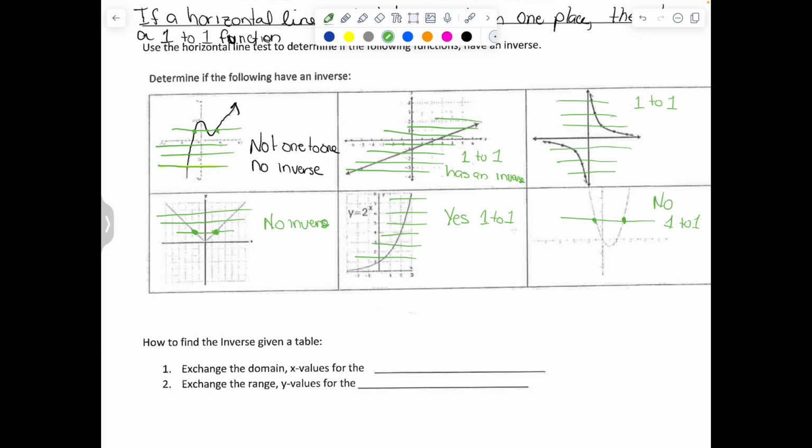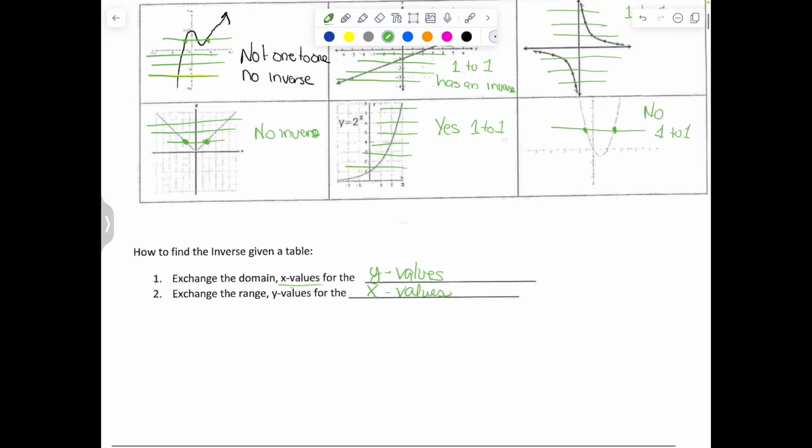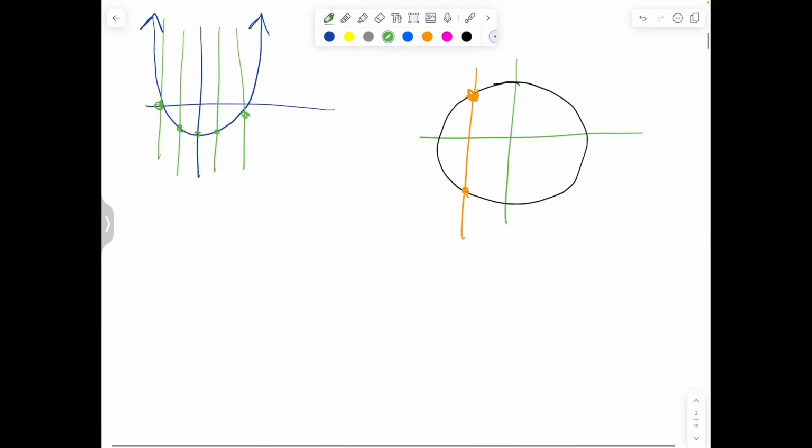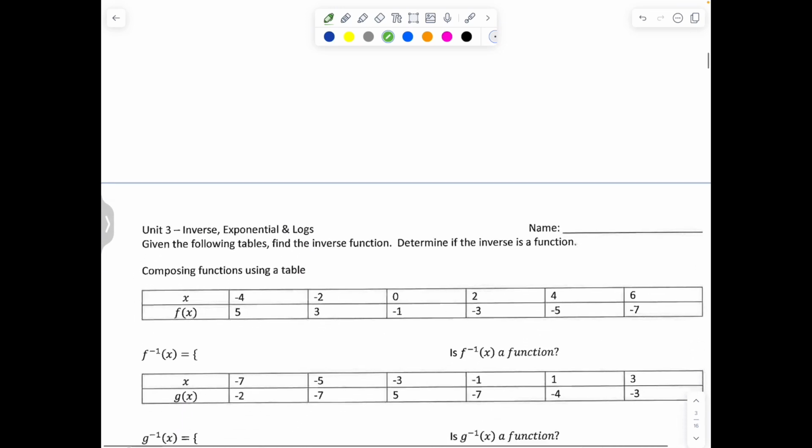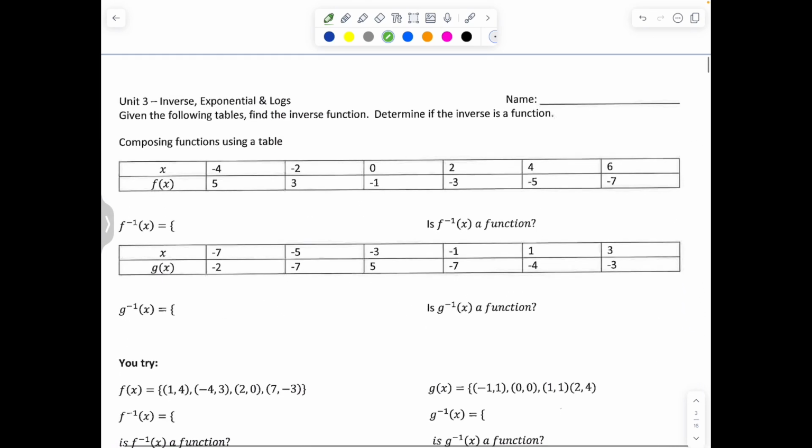Now we're going to find the inverse tabularly, and you're going to find that this is pretty simple. We're going to exchange the x values for the y values, and the y values for the x values. Easy peasy. So let's say we have this function f of x, and we want to find the inverse.